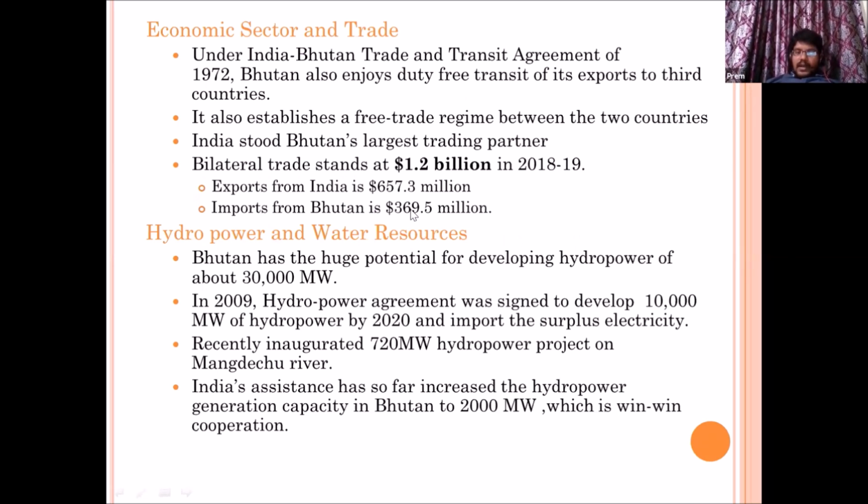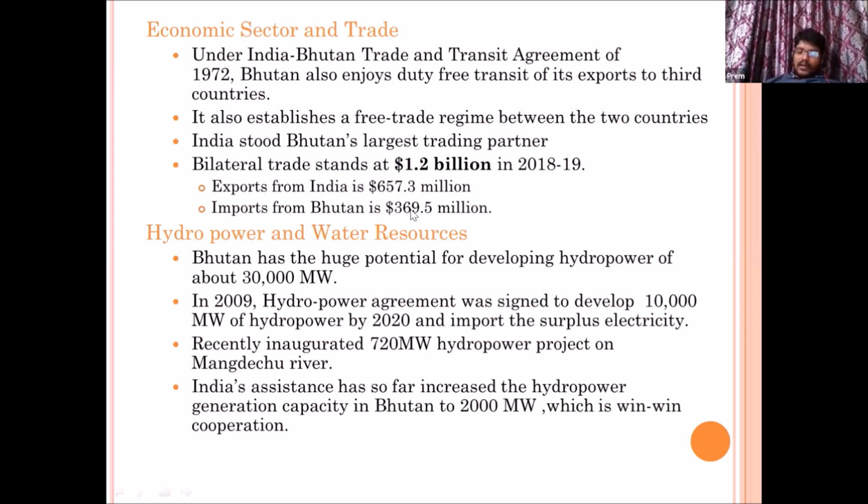So we made an agreement in 2009 that out of this 30,000, in the gap of 11 years from 2009 to 2020, we'll try to generate about 10,000 megawatts of electricity, and that electricity will be bought by India. It is a win-win kind of relationship. Why? Because India will invest in Bhutan, since Bhutan doesn't have that much money to construct the projects.